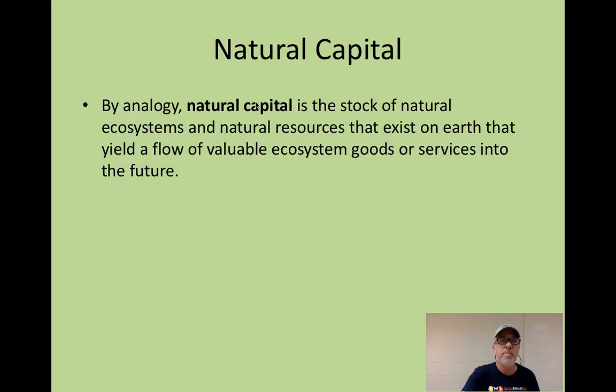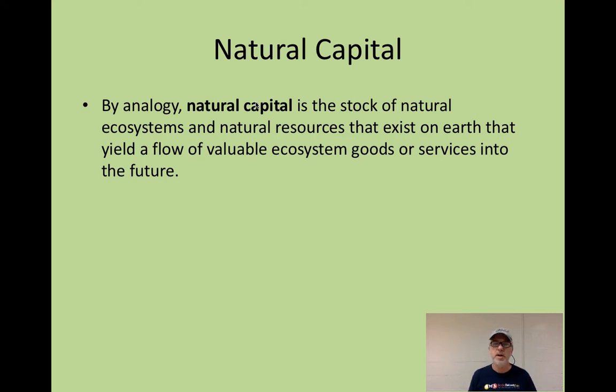So natural capital, by analogy, natural capital is the stock of natural ecosystems and natural resources that exist on Earth that yield a flow of valuable ecosystem goods and ecosystem services into the future. Natural capital provides us with ecosystem goods.